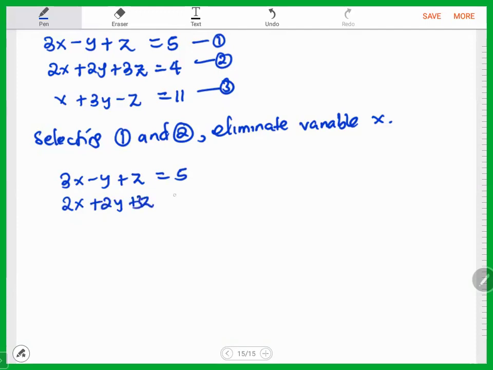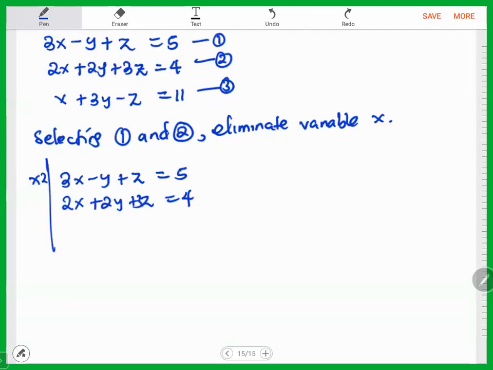Because we want to eliminate x, we look at the coefficients of x. So we set times 2, then times 3. These two multiply this entirely, and this one multiplies the other one entirely.